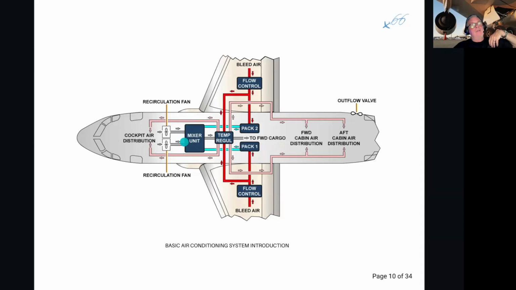We're going to see the design of it in a minute, but the idea is the hot air gets delivered to the packs. What comes out of the packs is freezing cold air at 0 degrees. That's too cold to put in the cabin. So we just add a little bit of hot air, just enough at a ratio to what the pilot has selected in the cabin.